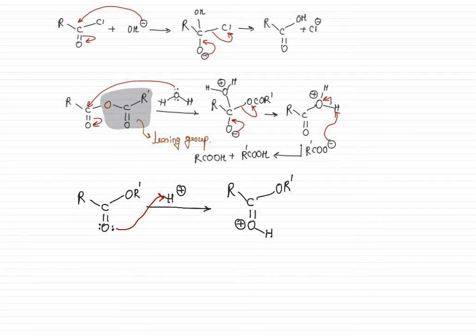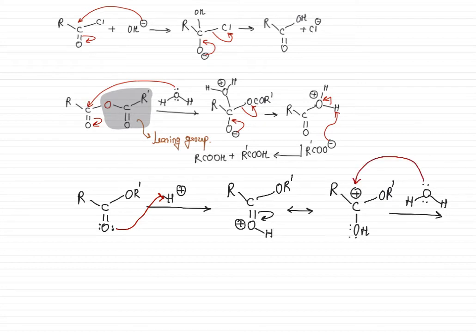Now with this, there is this resonating form generated, and in this resonating form you find that your carbon has become positive. Now with this positive carbon, the attack of water is quite fast. So now your water is going to attack very fast, right?